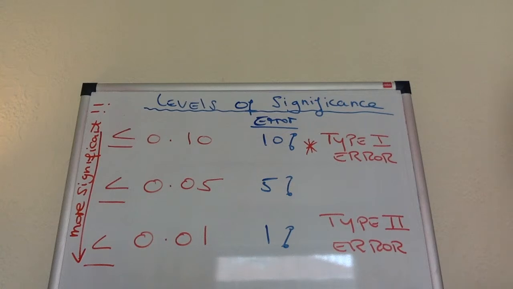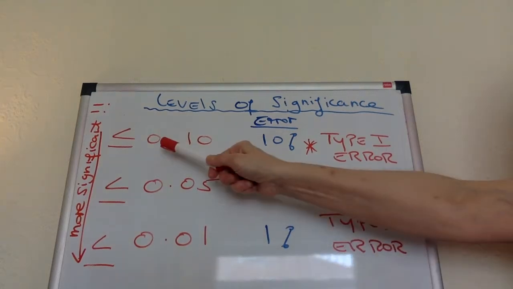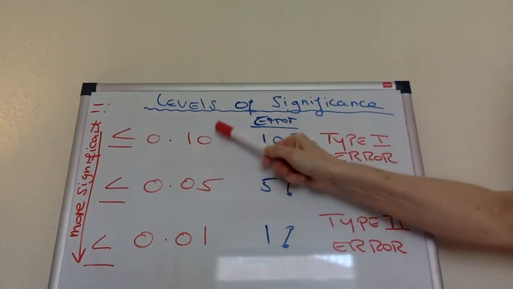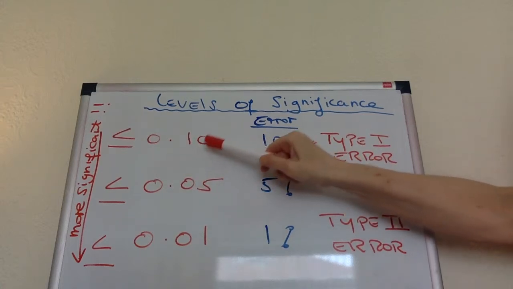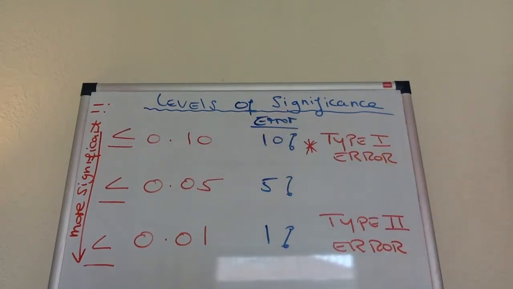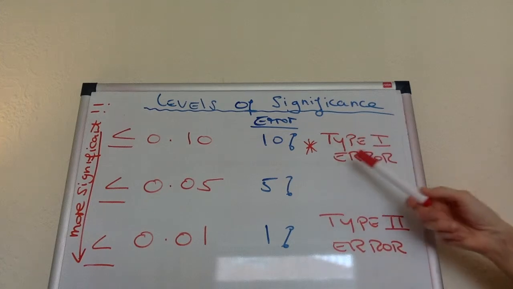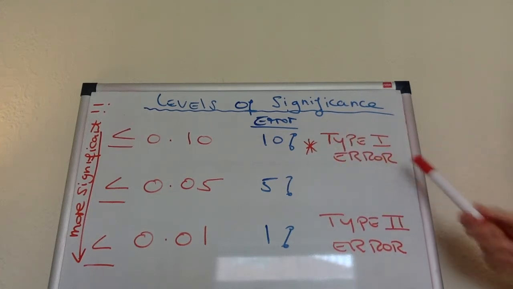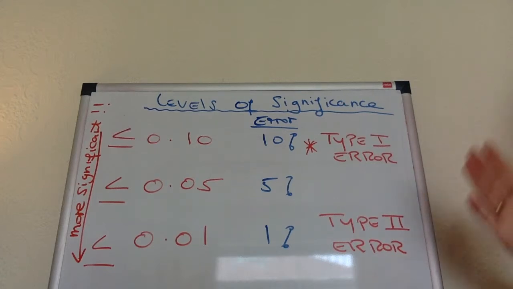Why is that more likely to happen? Well, when you have a larger significance level, 0.10 or 0.20 even sometimes, you will most likely have a type 1 error. Why? Because you've given yourself more room to make an error. Okay, do you get it?